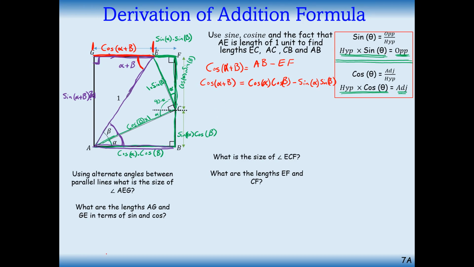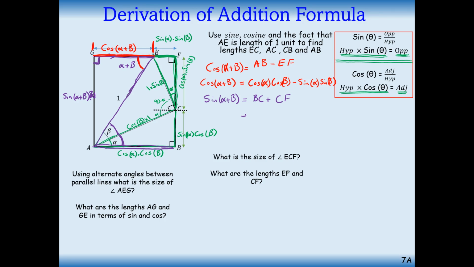And if I change my pen back to another color, what is the sine of alpha plus beta? That length there, A to G, equals length BC.